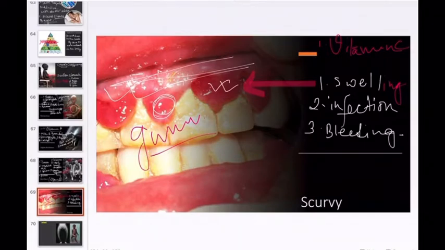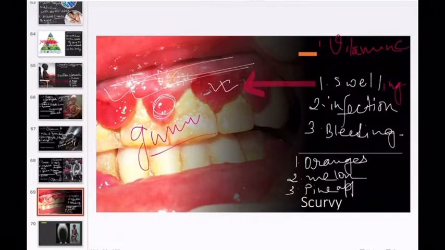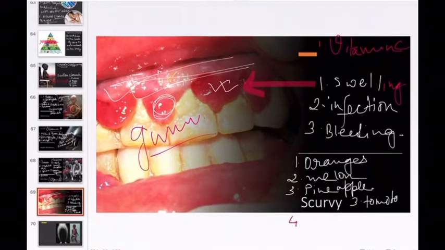Vitamin C. And what type of food is rich in vitamin C, students? Any sour food, like oranges, melon, pineapple, tomatoes, cabbage, and amla.